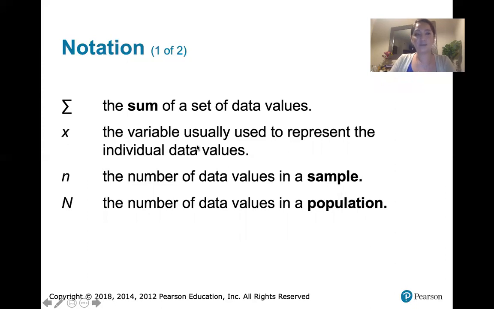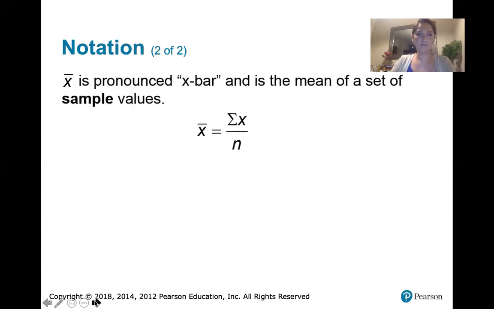X is usually the variable that we use to represent individual data values. Lowercase n is the number of data values in our sample. Capital N is the number of data values in our population. Now, X bar is the mean of sample values.